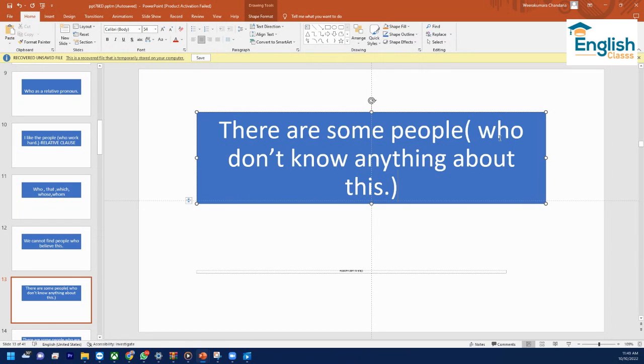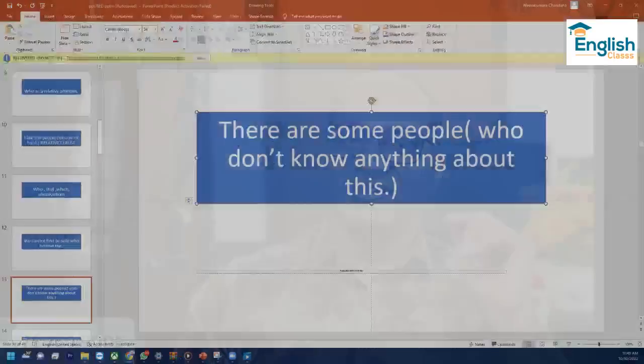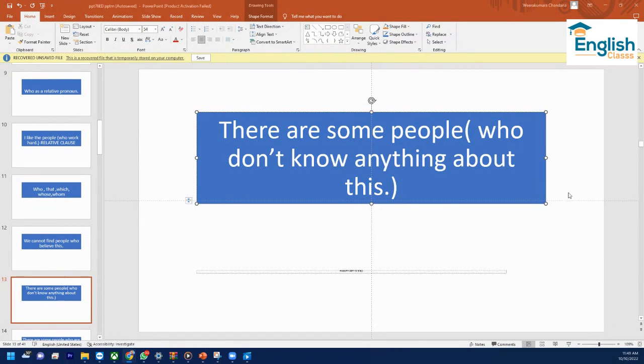The word who has been used instead of the word people. The word who represents the people. However, there are two clauses here. First clause is there are some people, we call it the main clause. And the second clause here is who don't know anything about this.